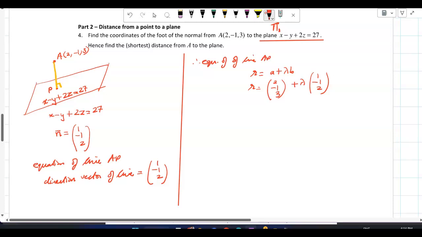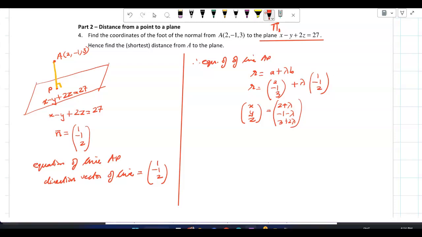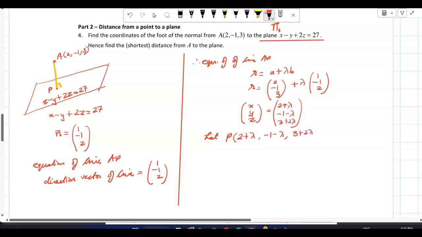So x, y, z is 2 plus lambda, minus 1 minus lambda, 3 plus 2 lambda. So let point P be (2 plus lambda, minus 1 minus lambda, 3 plus 2 lambda).